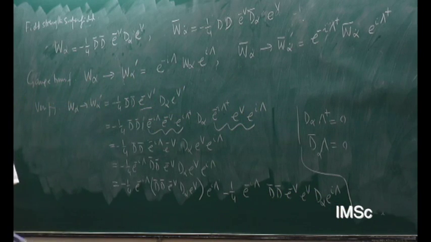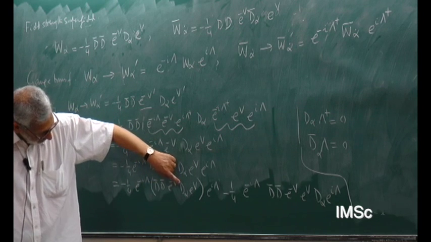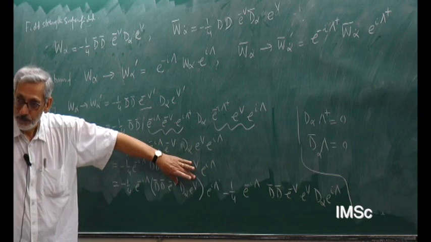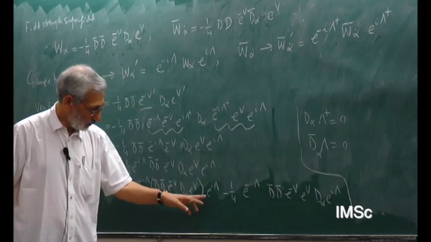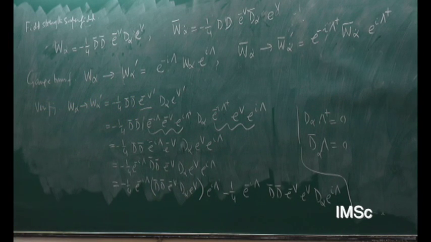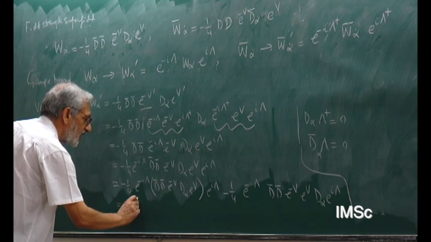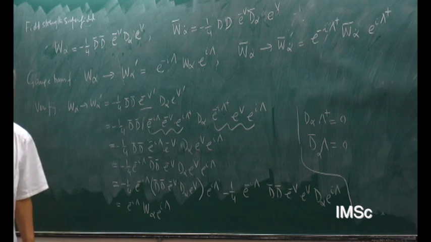Is that clear? By putting this bracket, what I mean is that this operator is acting only on this. And when it acts on this piece, that's an extra piece. So I pull this out. Now what is this? This object is e^{i lambda} W alpha e^{i lambda}.